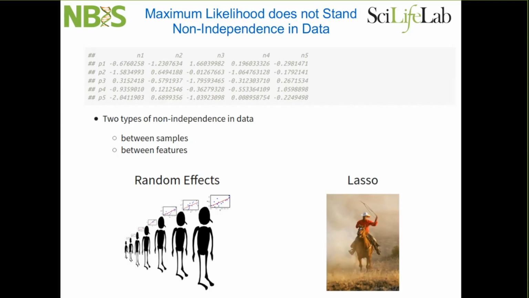Maximum likelihood or Gaussian distribution assumes that all your data points are independent. If there is some clustering between your data points, then this assumption of independence is violated, and you need to account for this somehow.